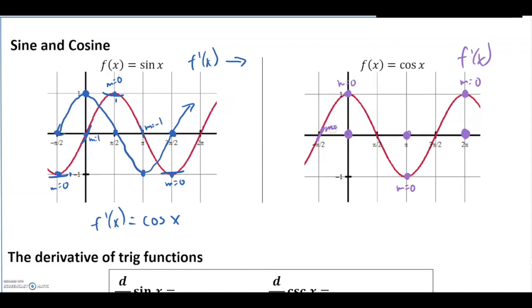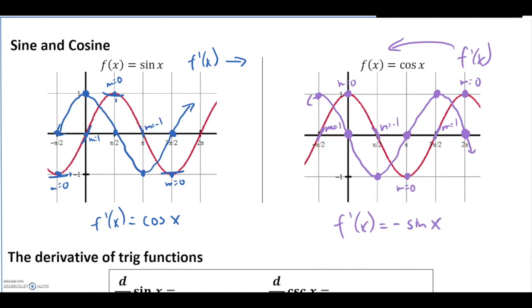I got a slope of 1 here, a slope of -1, back to a slope of 1. So I can draw in a couple more key points. And connecting them, this does not look too far off from the curve back over here on the left, my sine of x curve, except there's one small difference. It's flipped.